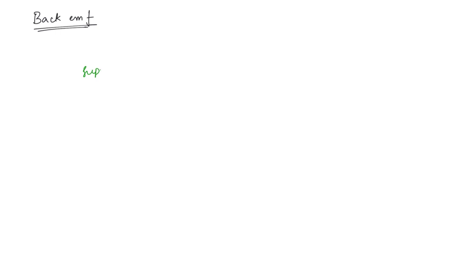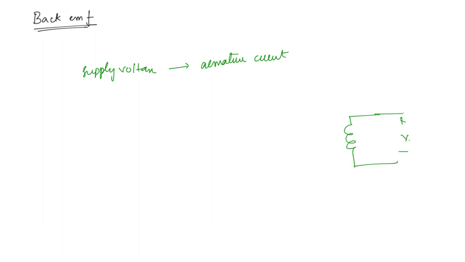So you have a supply voltage which is making the current flow in the armature. This is just like a winding here, the armature coil, let us say, and we are giving a voltage to it. So current will flow obviously. Now there is going to be an induced voltage, because the armature windings can be considered like a coil; they are inductive in nature.